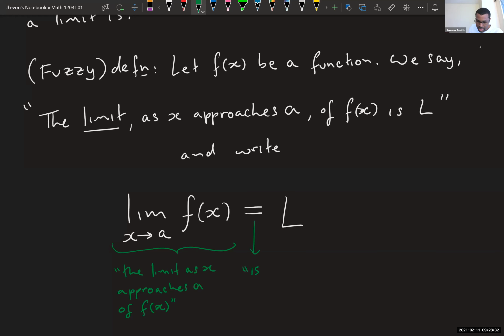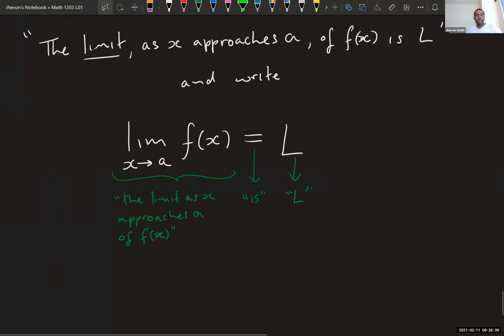Of course, equal means is, and then L is just L. Okay, so we say this phrase and we write this notation.